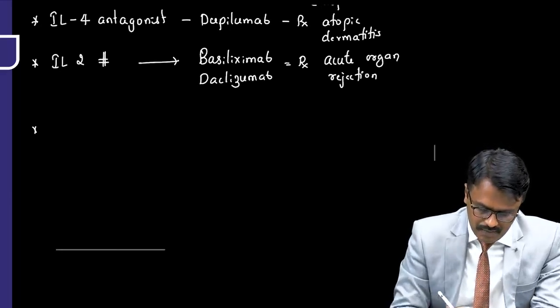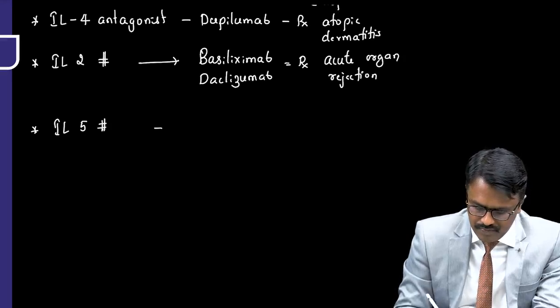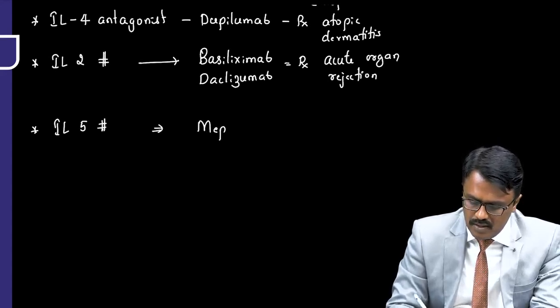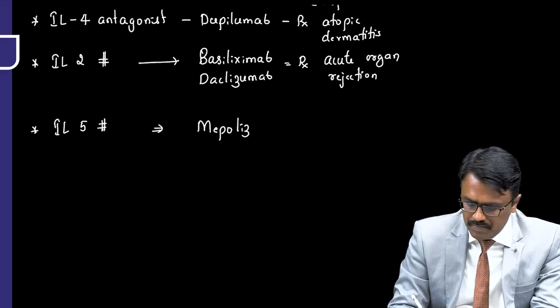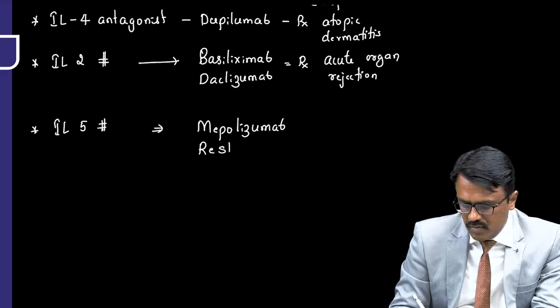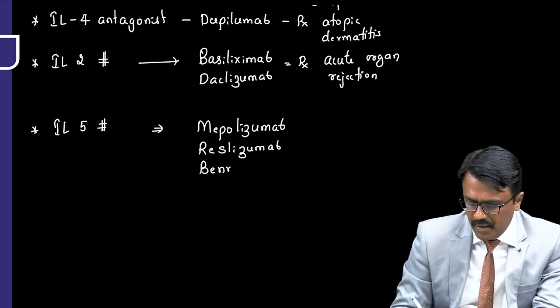Then we have the interleukin 5 antagonists, and they are used in asthma. What are those? Mepolizumab, then reslizumab, and one more called benralizumab.